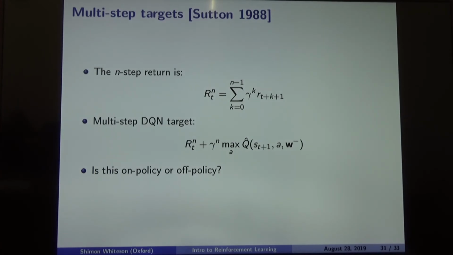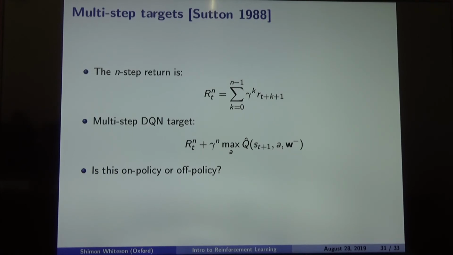Okay, so the next trick is multi-step targets. This is a concept I did mention already. We talked about this middle ground between Monte Carlo methods and temporal difference methods. Temporal difference methods do one-step updates: you get one sample return, and then you immediately bootstrap off the next state. But I can also do n-step updates, where I accumulate n rewards and then bootstrap off of the value n states later.